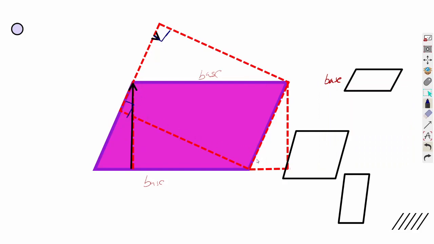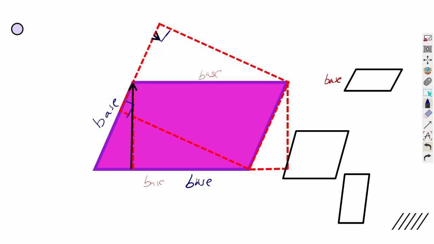So that will be the height, considering this as base. So which side to be considered as base is up to you. All these are parallelograms. But height is the distance between the two parallel sides. Considering one side as the base, the perpendicular distance to the opposite side will be the height. This basic principle you should keep in mind while addressing the area of a parallelogram.